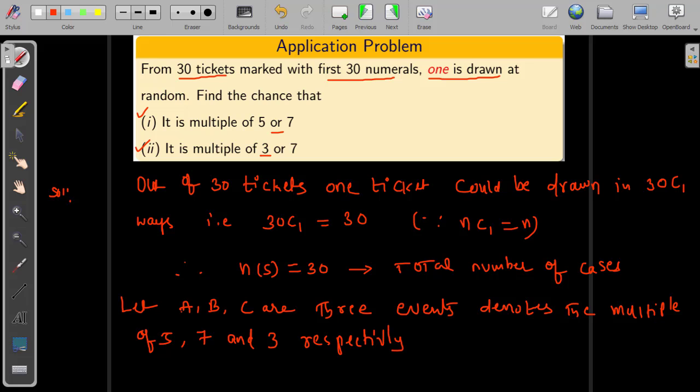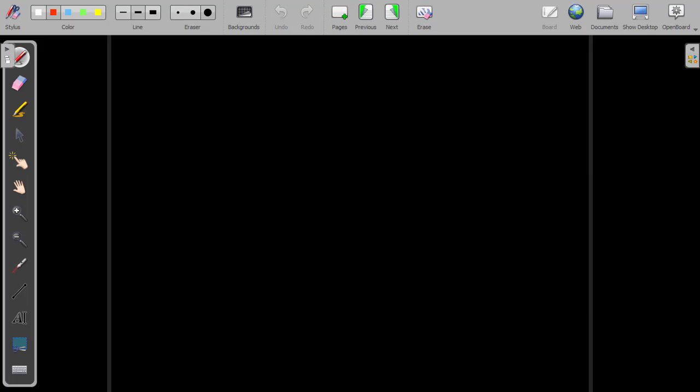So let us suppose there are three events, namely A, B, C, which represent multiple of 5, multiple of 7 and multiple of 3. Now the next step: capital A is the event which contains multiples of 5.